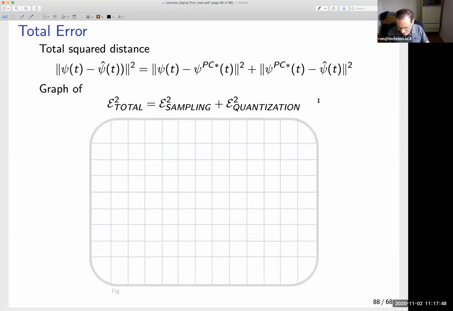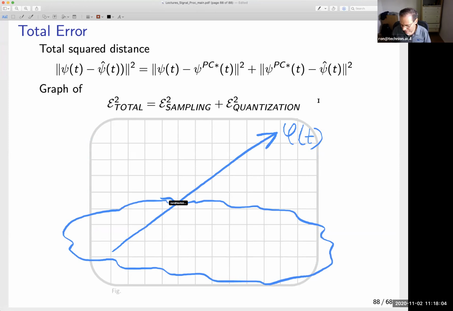If I plot my psi of t as this general function, what I can do is look at the space of all possible piecewise constant functions. First of all, I would project it onto the space of all possible piecewise constant functions, and I would get something here.